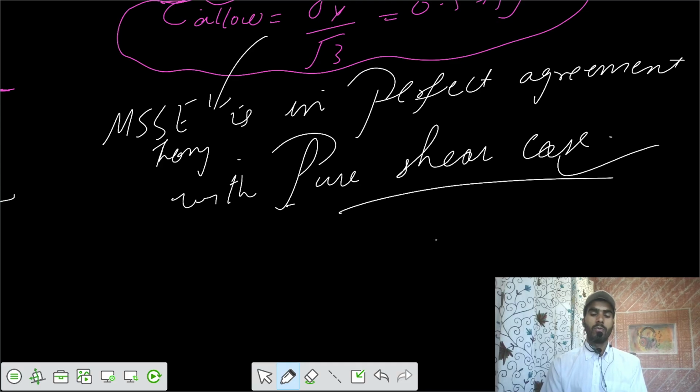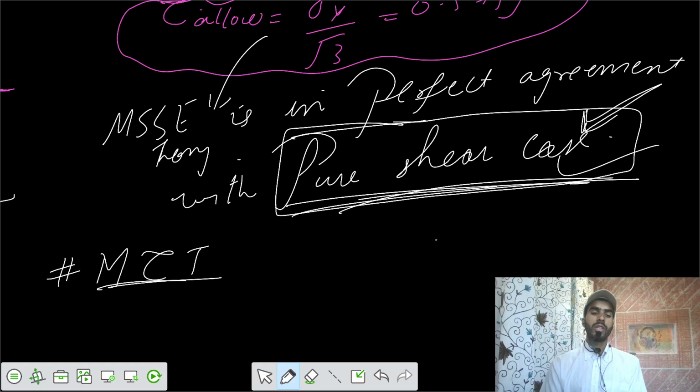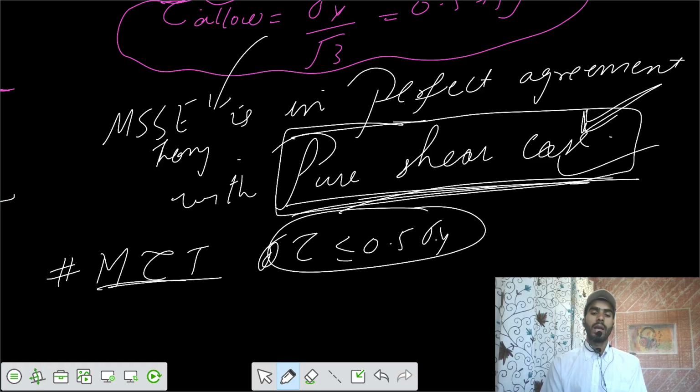So for the pure shear case, only one method is perfectly applicable, that's called maximum shear strain energy. The one method earlier was maximum shear stress theory. Maximum shear stress theory says that tau allowable should be less than or equal to 0.5 sigma y, and it was underestimating the strength of that ductile material.